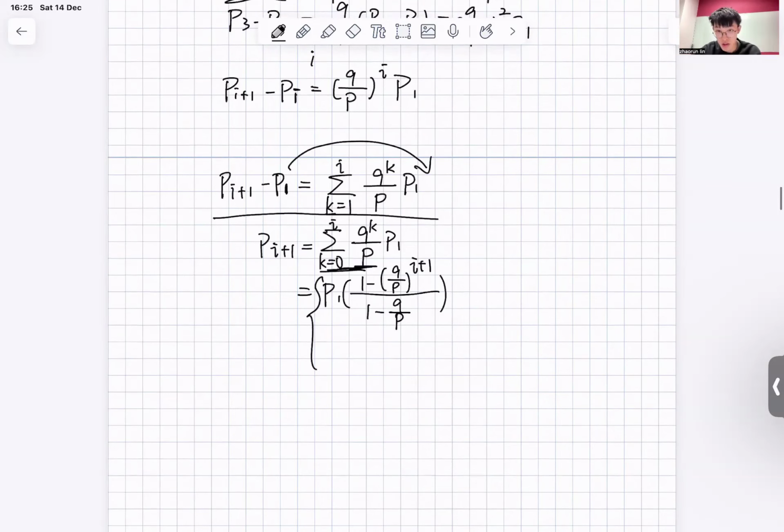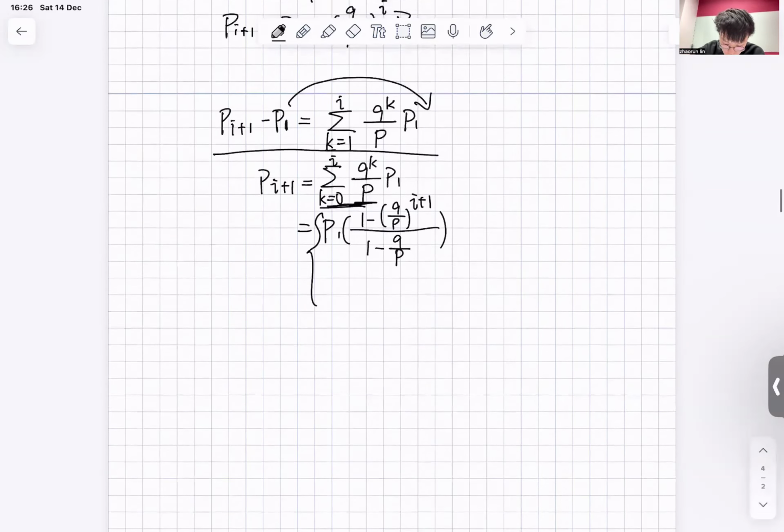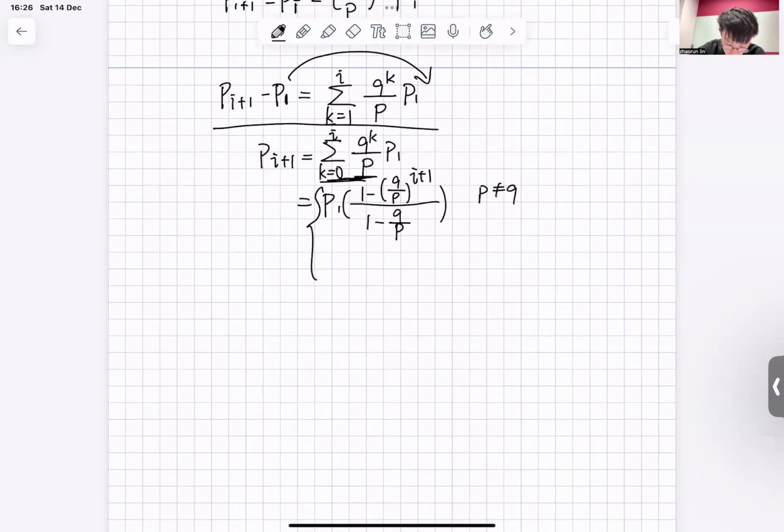This is when P is not equal to Q. When P is equal to Q, we simply have Pi+1 equals to (i plus 1) times P1. This is P equals to Q, which is 0.5. So we have this relation.